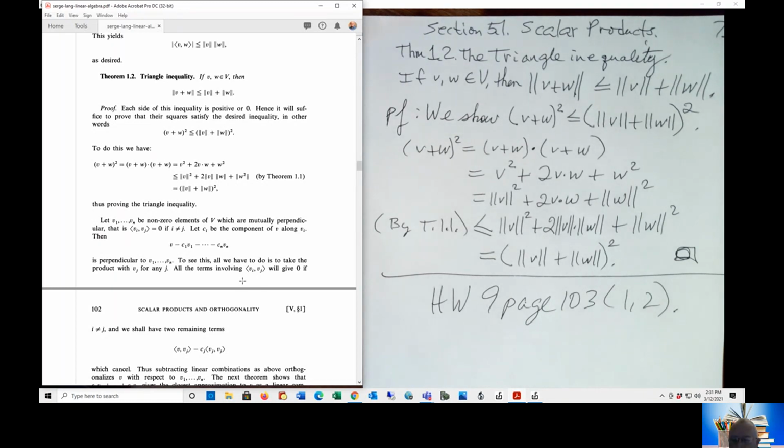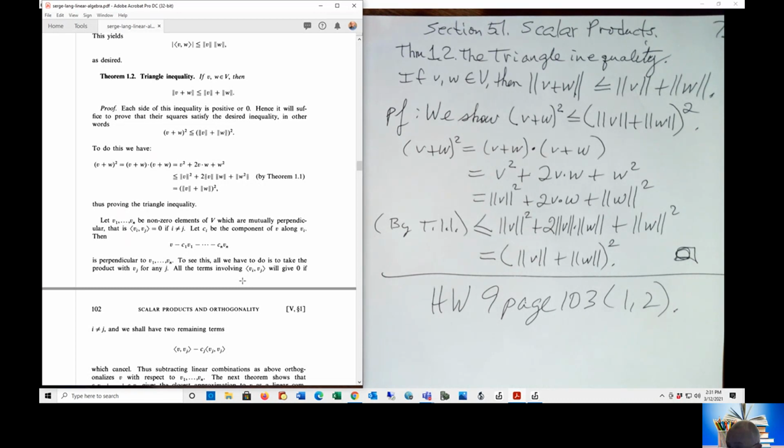That's what it says. All right. So if V and W are two vectors in V, the triangle inequality says this: the norm of V plus W is always less than or equal to the norm of V plus the norm of W.